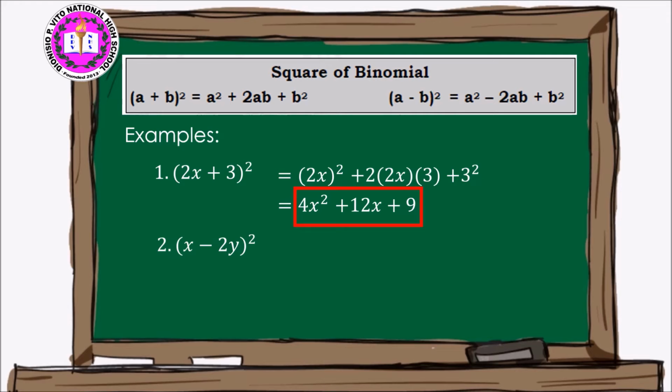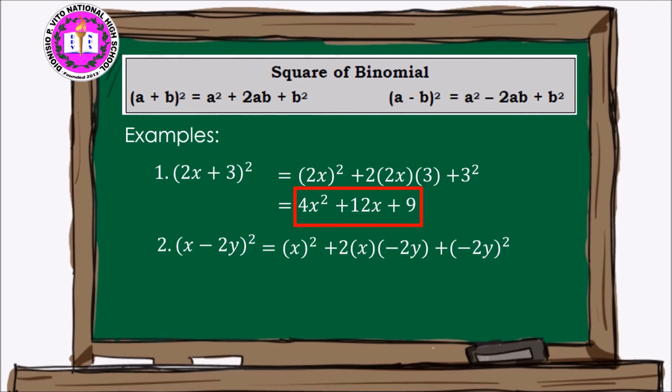Next, number 2. (x − 2y)² is equal to, so we're going to square the first term, which is x², plus twice the product of the first and the second term. We have 2 times x times negative 2y, plus the square of the second term, which is (−2y)².